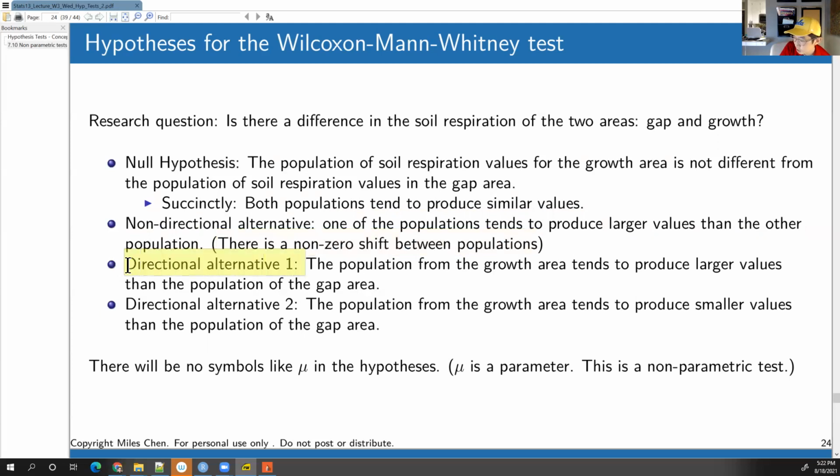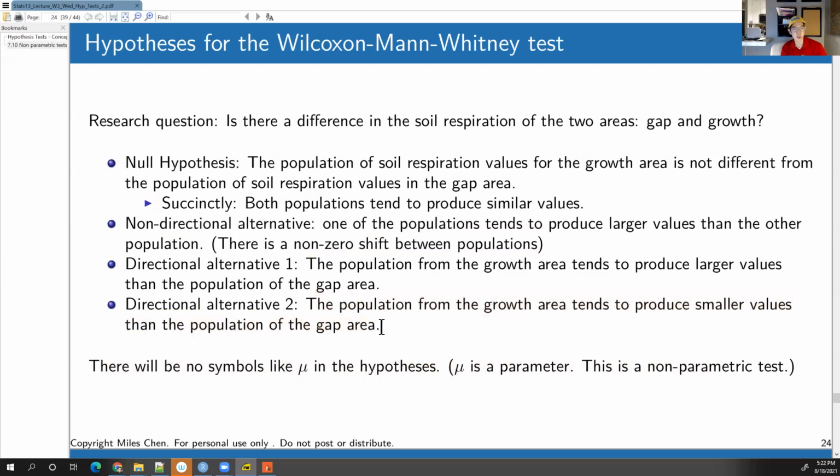You could have a directional alternative, meaning you would say something like the population from the growth area, you specify the population, tends to produce larger values than the population of the gap area. That'd be directional. Or you could say the population of the growth area tends to produce smaller values than the population of the gap area.